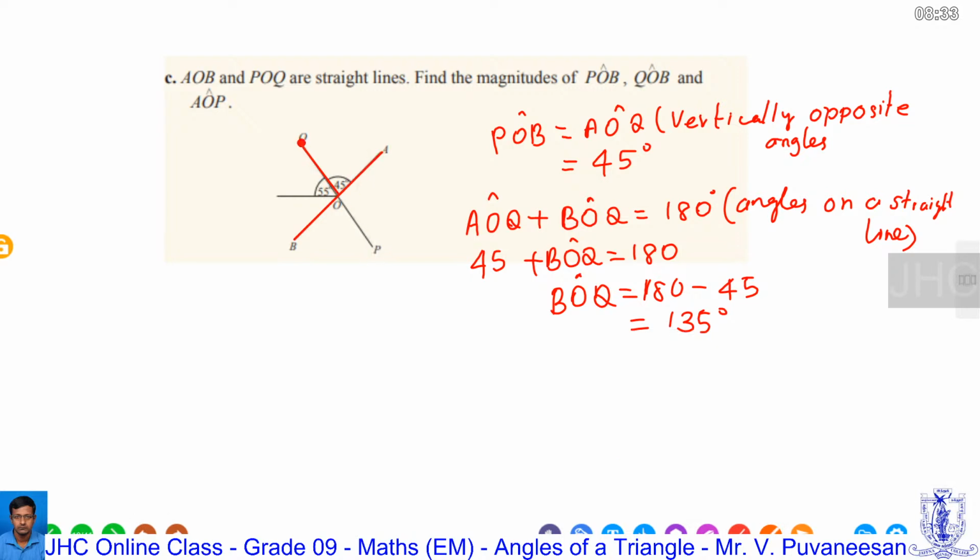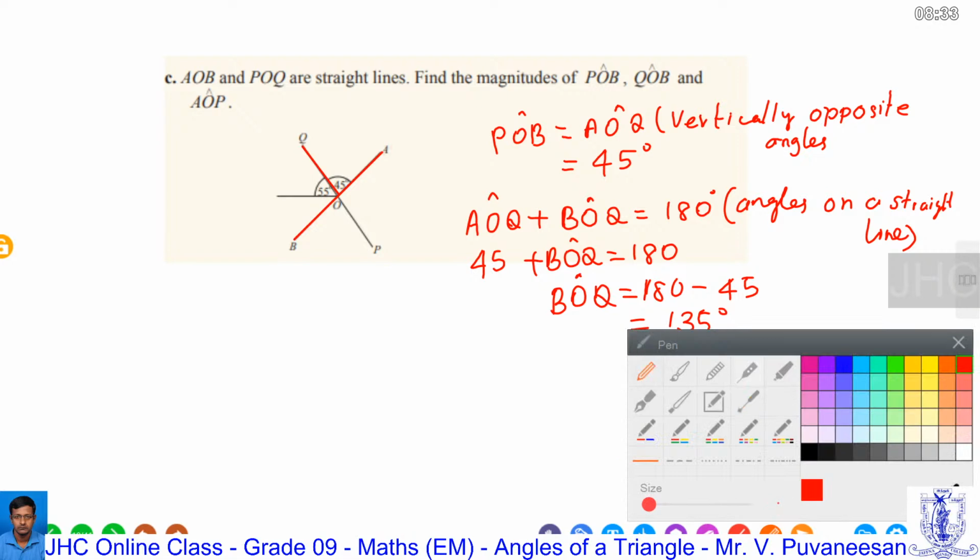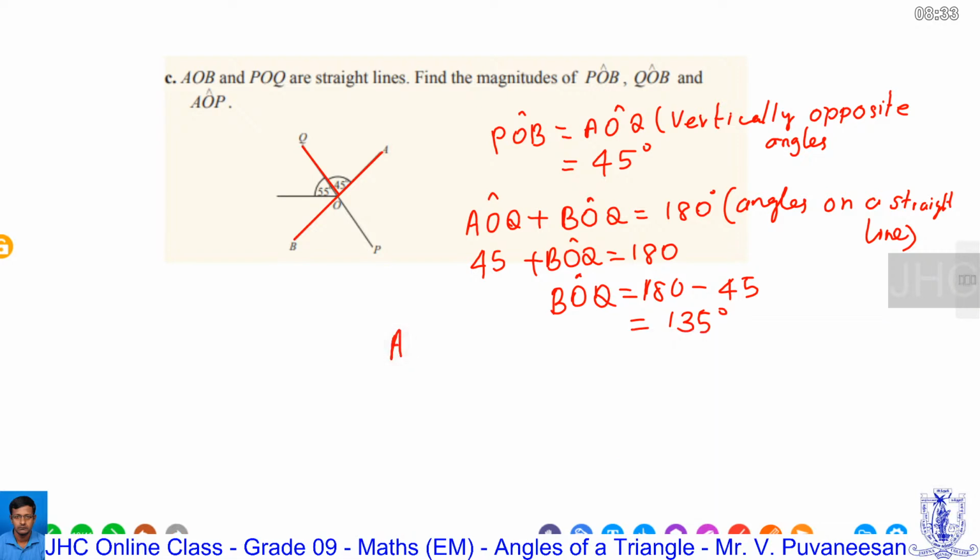POQ is a straight line, so, and otherwise now we find the QOB, this angle QOB, this and AOP are vertically opposite angles, so I am going to write AOP equal BOQ, vertically opposite angles.